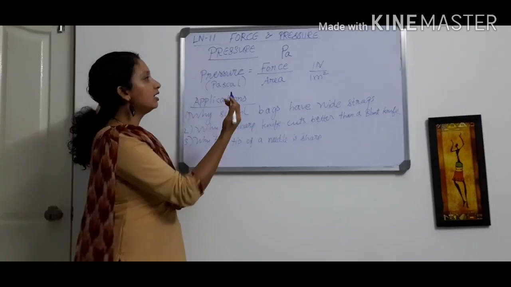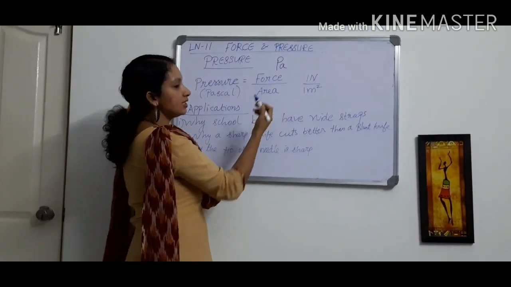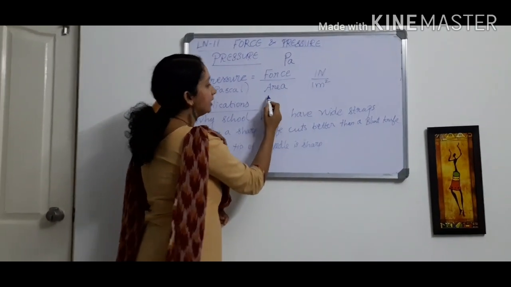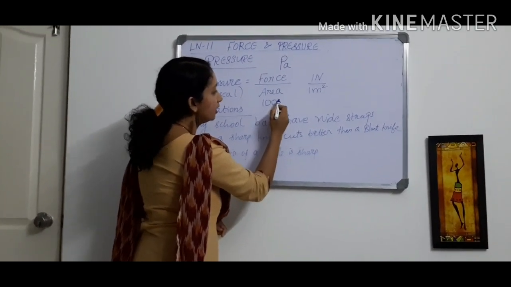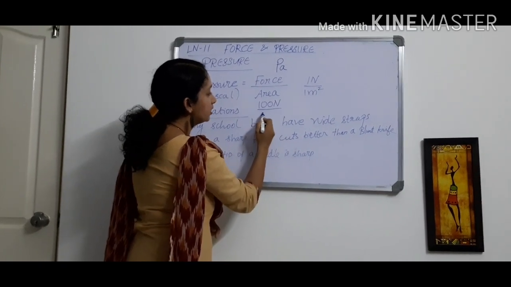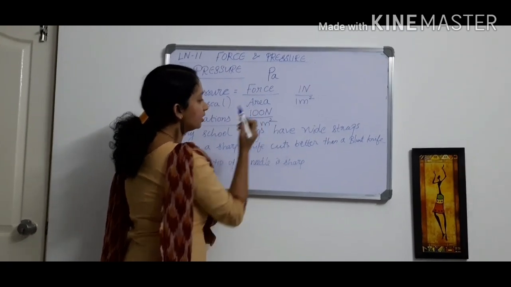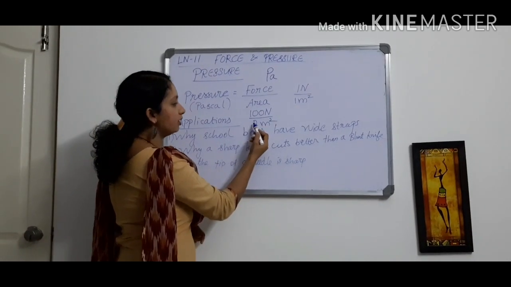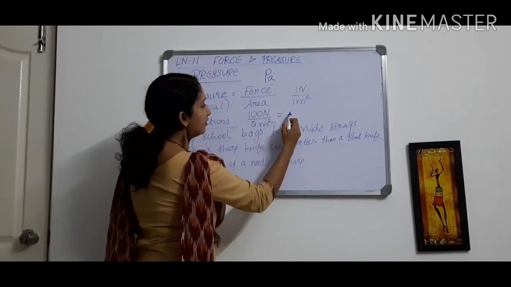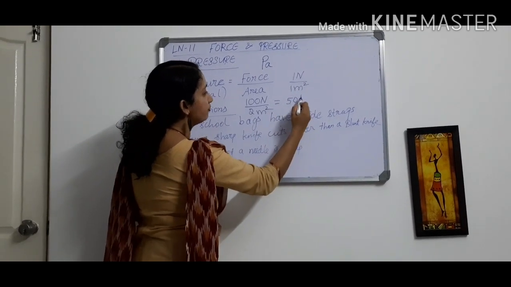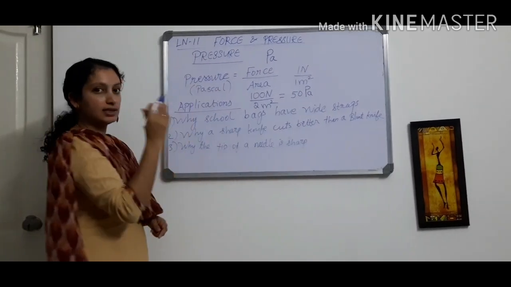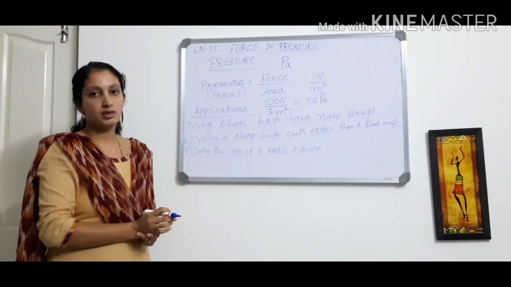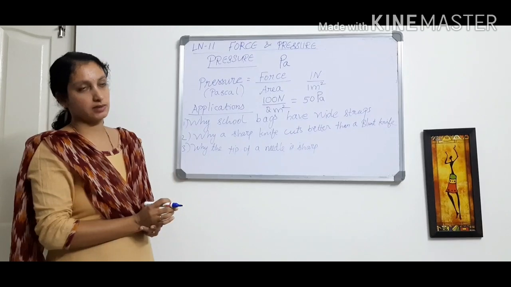For example, if the force is 100 Newton and the area is 2 square meter, what is the pressure? 100 Newton by 2 square meter is equal to 100 by 2, 50 Pascal. Like this we can apply this formula to numerical problems.